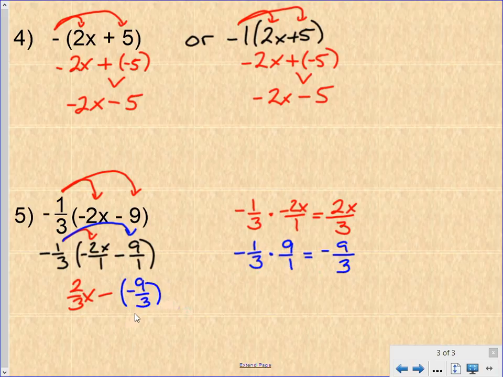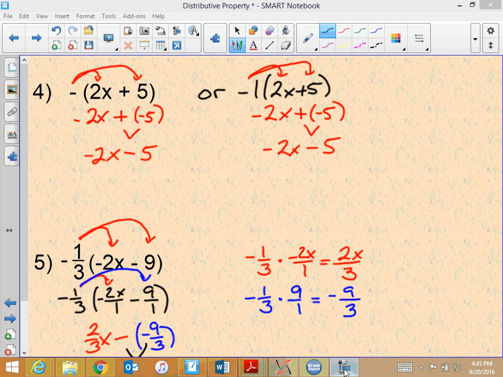Couple things to simplify here. First of all, minus a negative is the same thing as plus. The other thing is 9 over 3 is the same thing as 3, because 9 divided by 3 is 3. So my final answer is going to be 2/3 x plus 3. So hopefully this has helped you out.